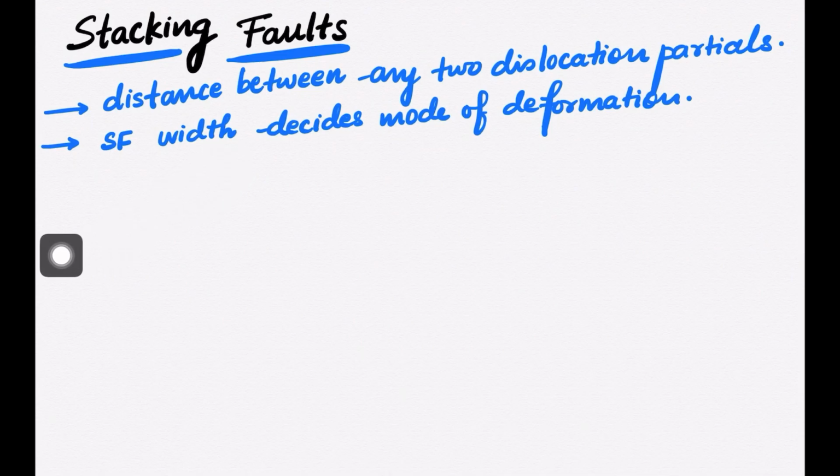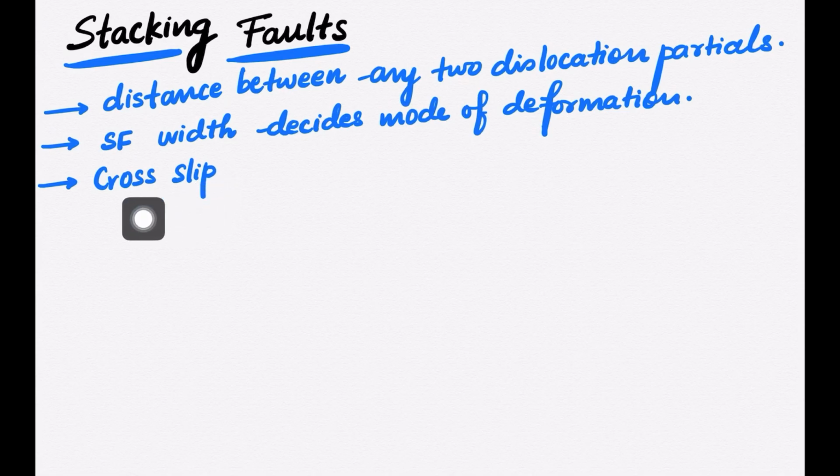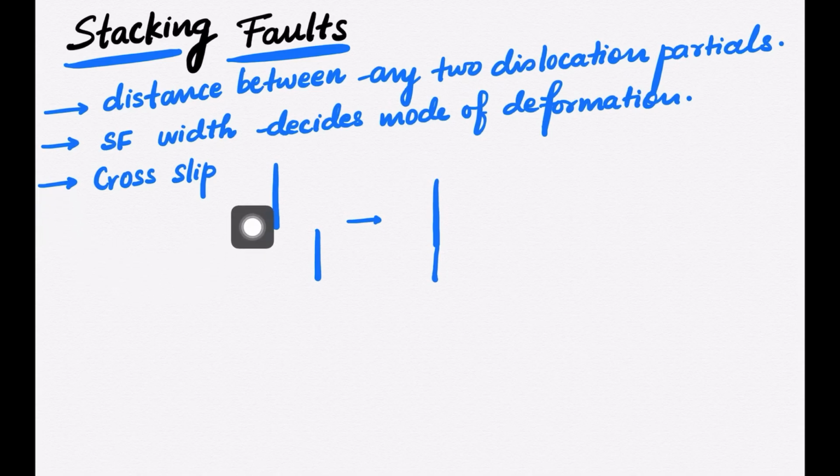Now, whenever we have cross slip, two partial dislocations, suppose one dislocation is here and another is here, can merge together into a complete dislocation. So this is the complete dislocation. These two partial dislocations merging together into a complete dislocation is called cross slip.